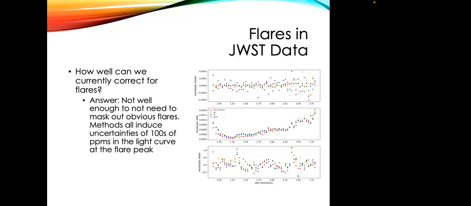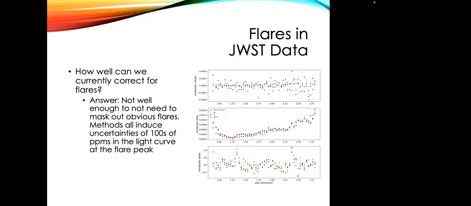It's not good enough. Residuals, once you've done the light curve fitting, should, in theory, be nicely Gaussian. And as you can see, especially from the bottom plot, these are not necessarily nicely Gaussian. The residuals are skewed. And worse, they're skewed with a wavelength dependence.